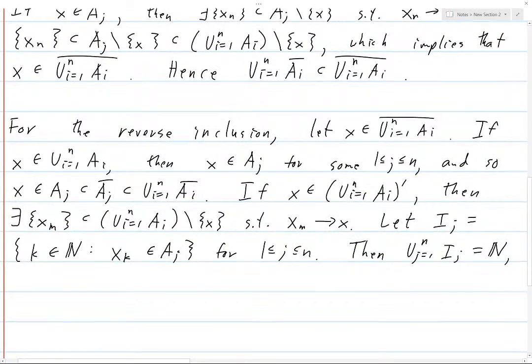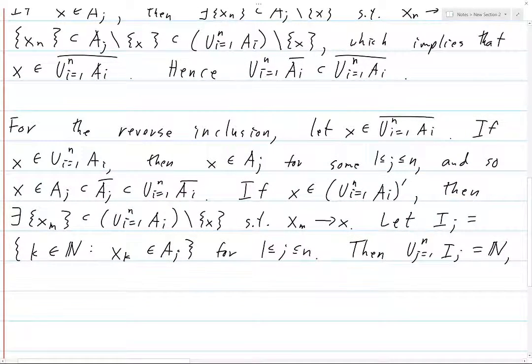And the set on the right is infinite. I should make these i's because I'm using this as an index. I know i is not great, but whatever. So ij is infinite for some j.